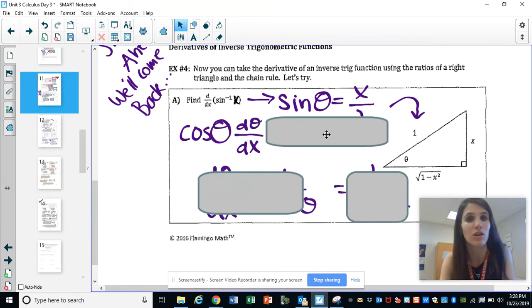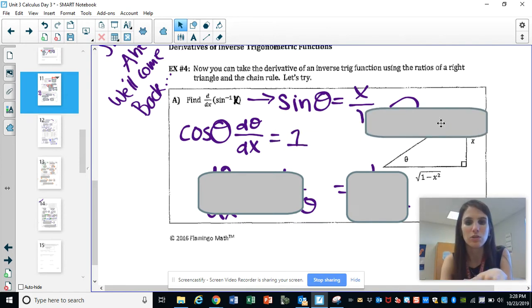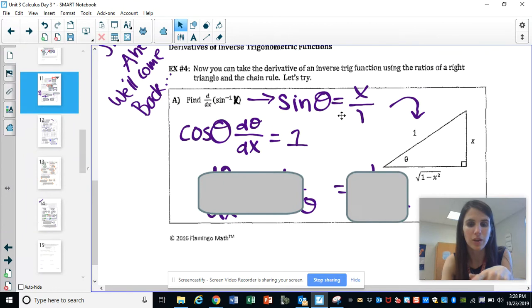This is an example of implicit differentiation. We were doing dy dx, but in this example we're doing d theta dx. Our theta is functioning as a y, as another variable. And that's equal to 1, which is the derivative of x.